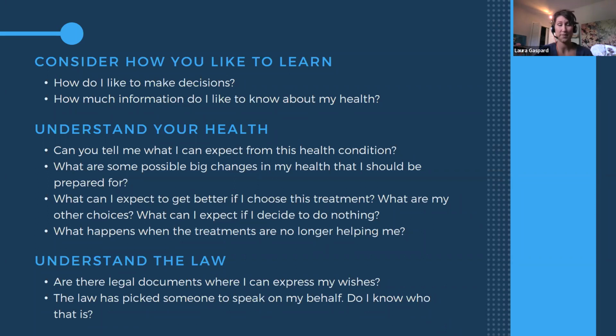But some people, they have maybe a family spokesperson, or maybe they just don't like to make decisions. They want to involve other people. And in some cultures, even they have a community spokesperson that is chosen by the whole community who supports that person as they're going through the healthcare system.